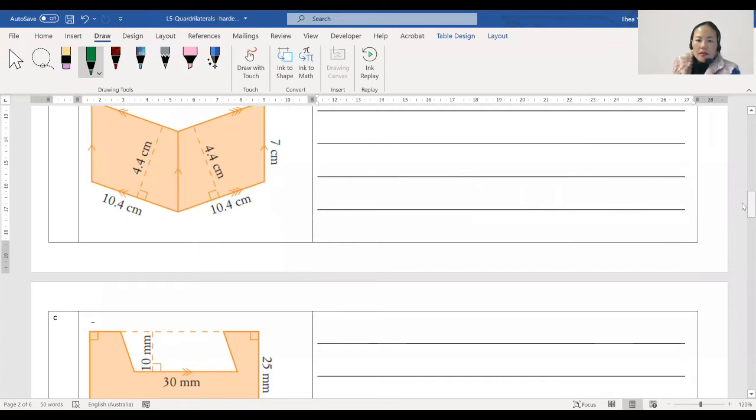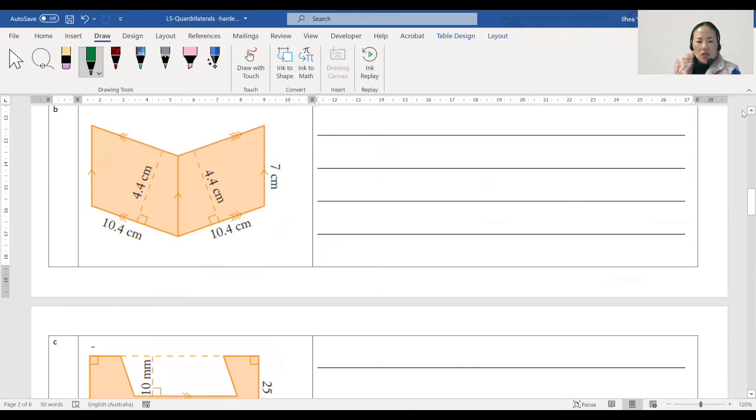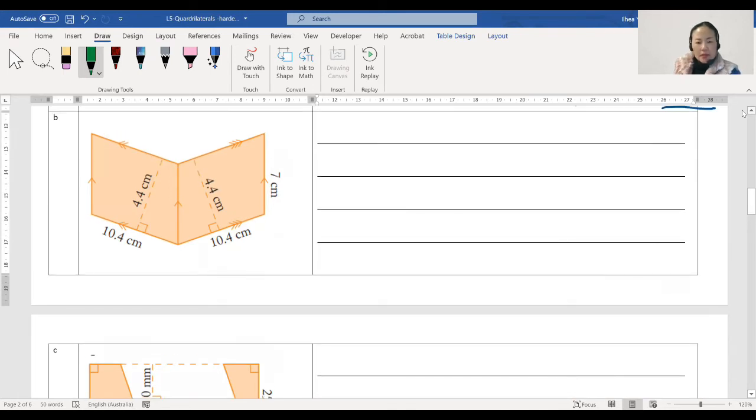Part B. Okay, let's have a look at part B. Now, part B, I'm looking at it here, and I think it's the same shape, doubled up, isn't it? But I'm still going to name them. So step 1, area 1.